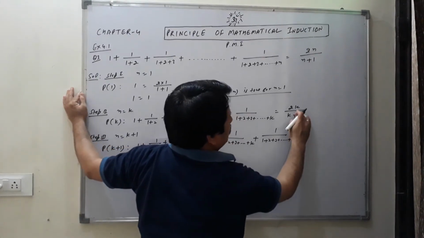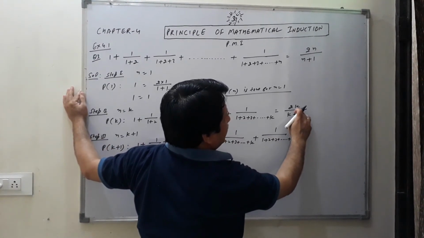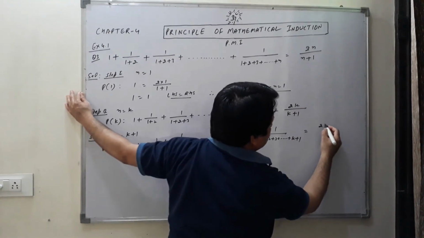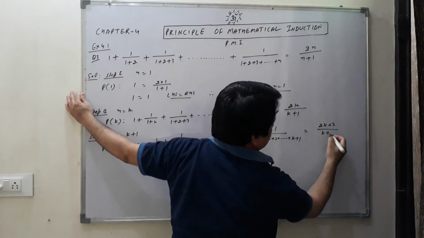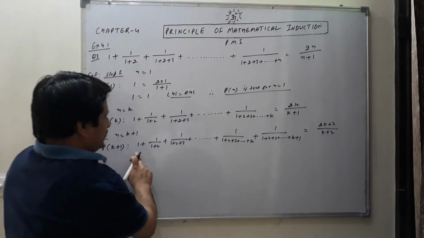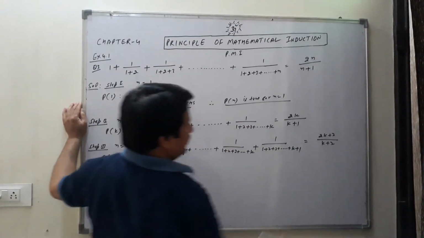This is equal to, when we make it k plus 1, it will come as 2k plus 2 upon k plus 2, students. Now this is our left hand side, and that one is the right hand side.